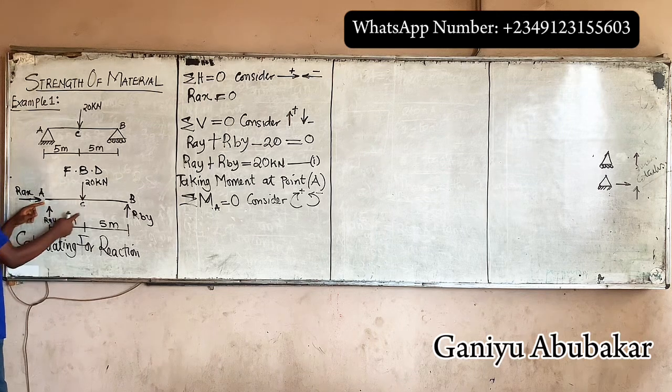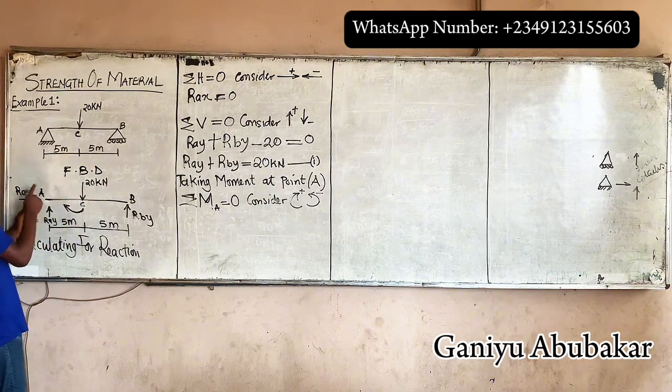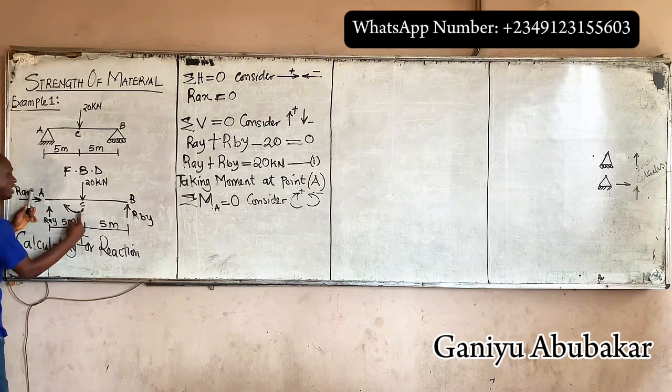If C wants to come to this point, it will move quickly in this direction. I can't move this way to A, it's too long. So the shortest way for this C to move to A is in this direction.